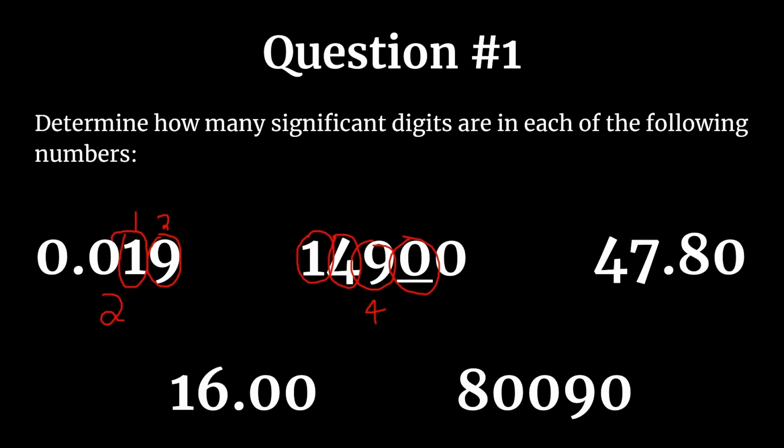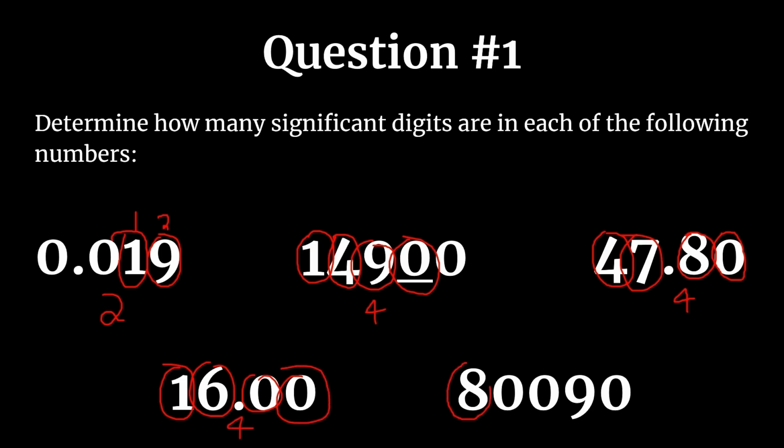The 4, the 7, and the 8 are all significant because they are all non-zero numbers. And because this 0 appears after the decimal point, then it is as well significant. So right here you have 4 significant digits. And the same rule applies here with 2 zeros after the decimal point. So you have 1, 2, 3, 4 significant digits.